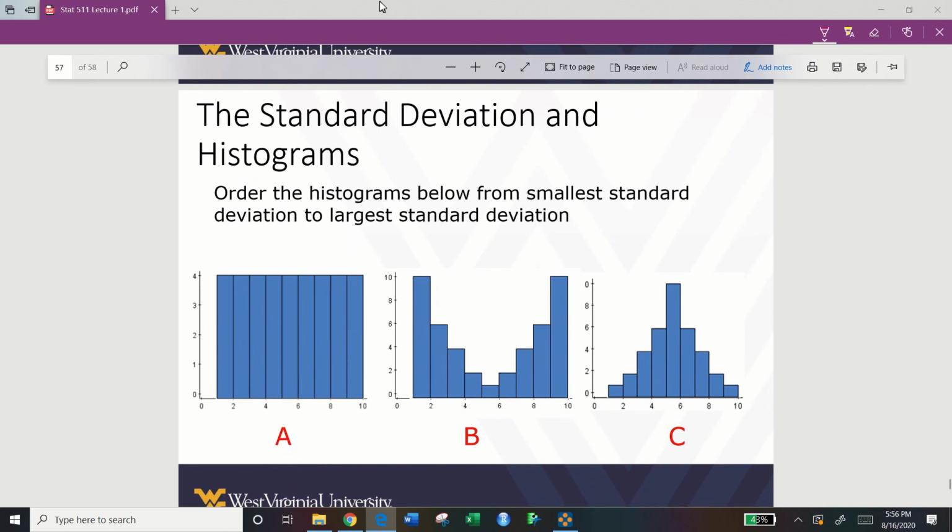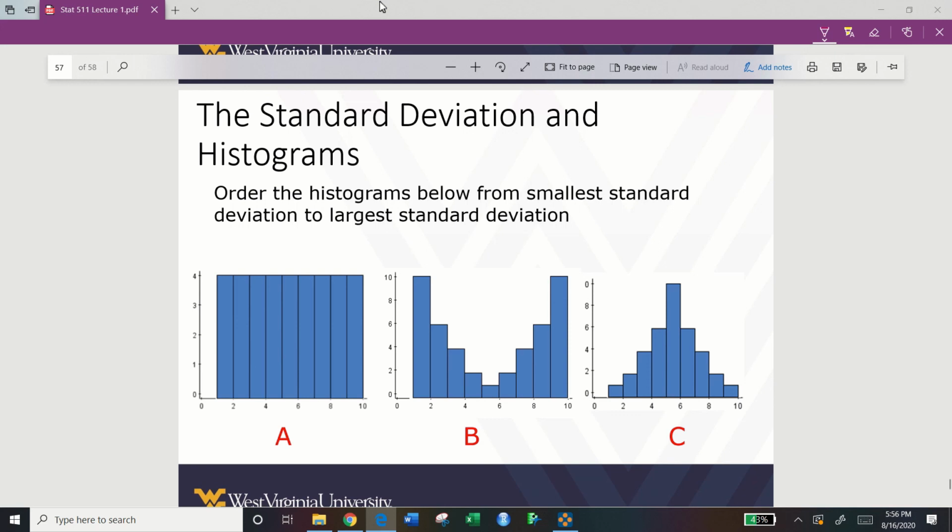Now let's talk about the relationship between our standard deviation and histograms. Remember, standard deviation and variance are measures of spread, and if we were to graphically take our data and turn it into a histogram, then we can visually see our spread.